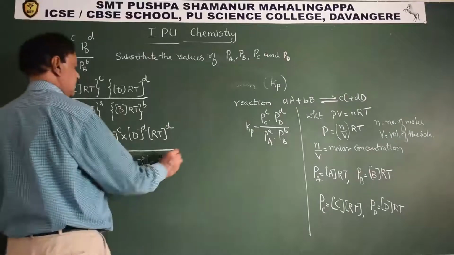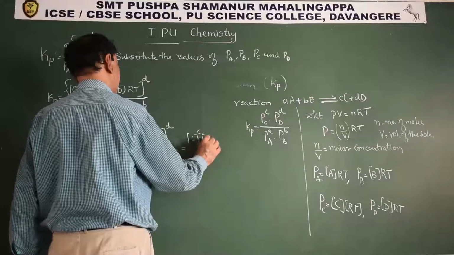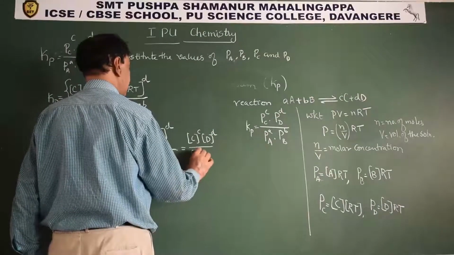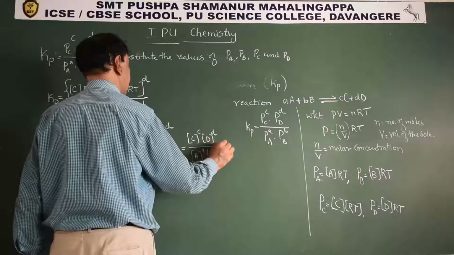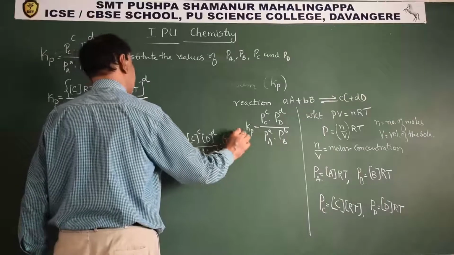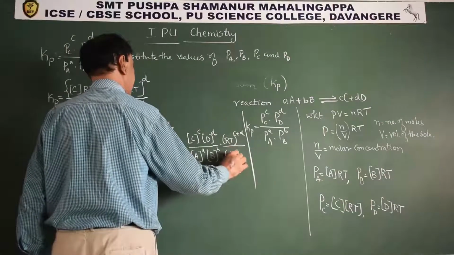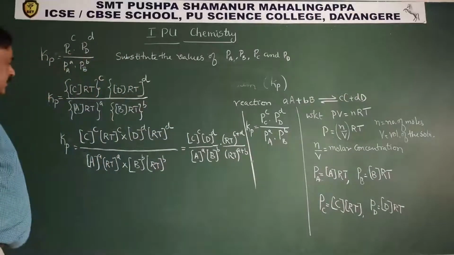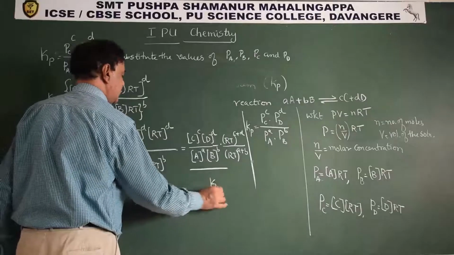Now it is equal to concentration of C to the power of c into D to the power of d divided by concentration of A to the power of a into B to the power of b, multiplied by RT to the power of c plus d divided by RT to the power of a plus b. Now you know that the concentration term is equal to Kc.